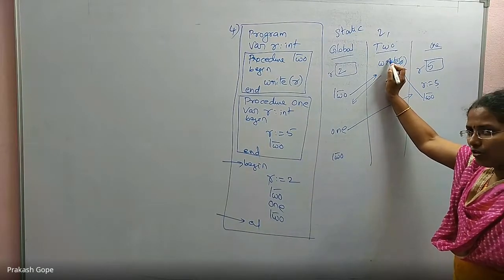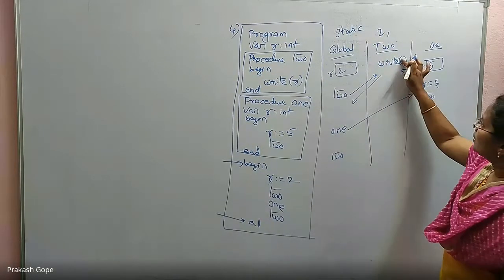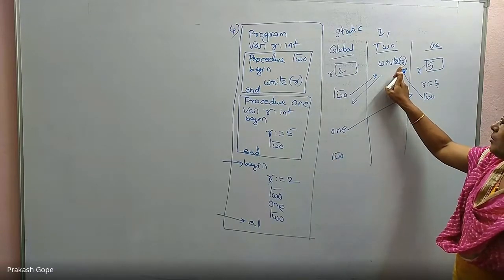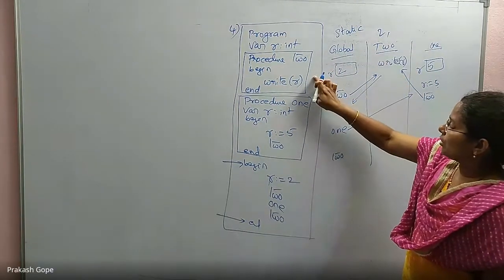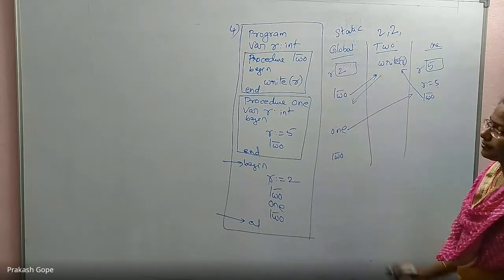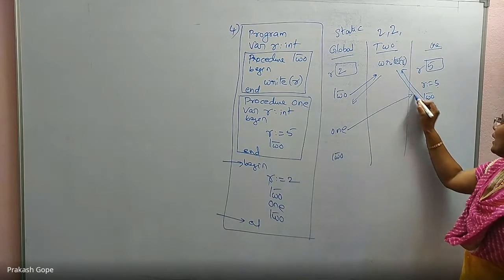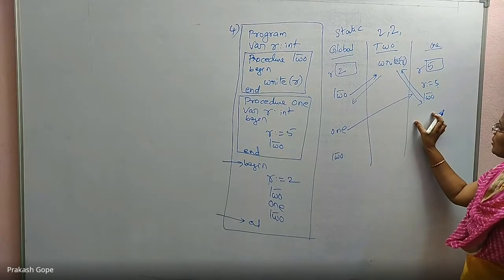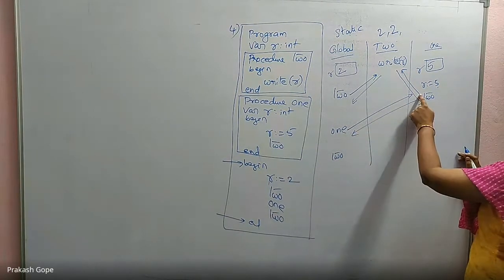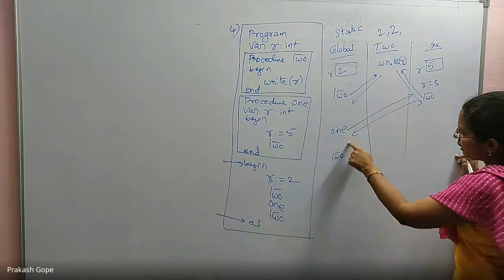No. We are solving static scope, so when you do not have a locally declared variable, we will access its outer block's variable. For procedure 2, the outer block is the global program, so the global program's R is printed. Execution completed, go back. This execution is also completed, go back and continue.